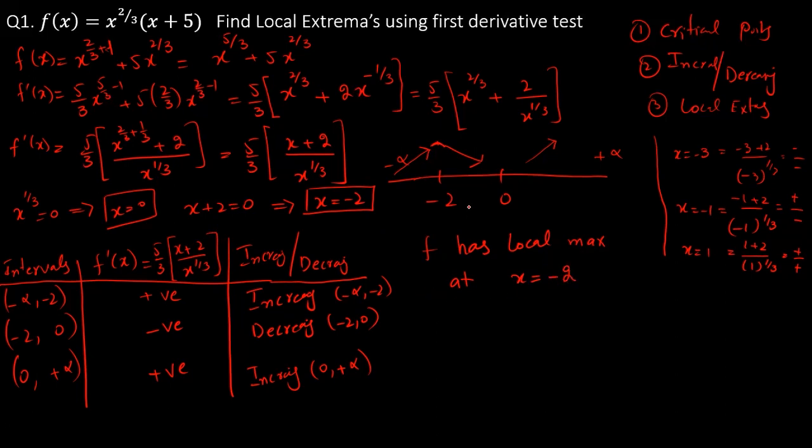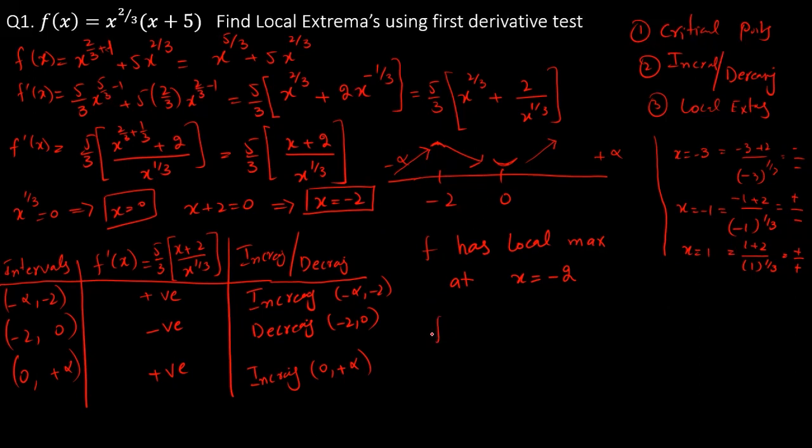And similarly for the next interval, from -2 to 0 our function is decreasing, and then from 0 it starts increasing, so it will become a shape like this. So our function has a local minimum at this point, which is 0.